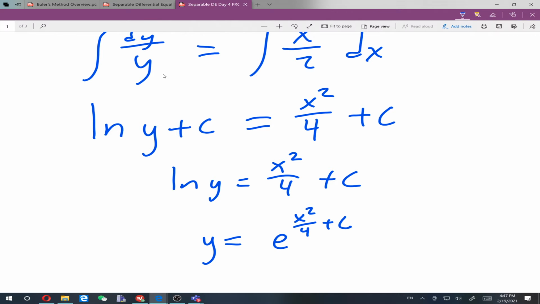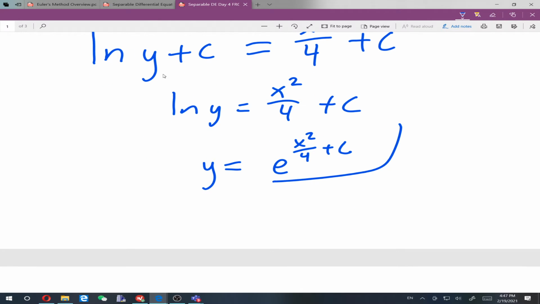c. Kelly, how can I rewrite this part? Y equals e to the x squared over 4 plus c. Not as an exponent.